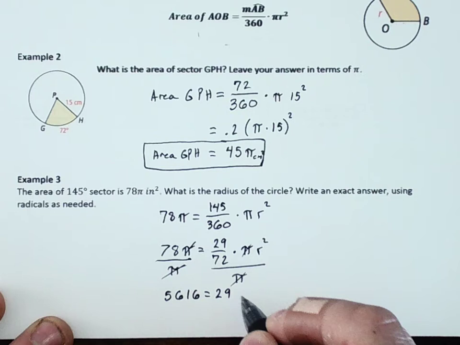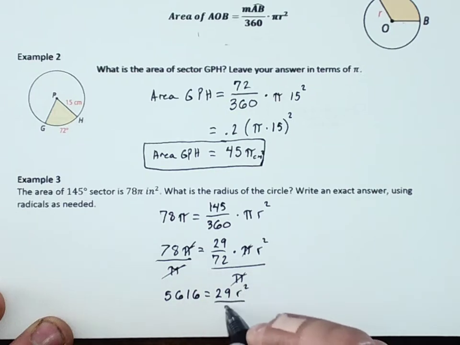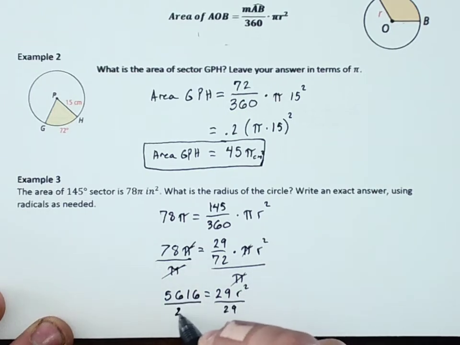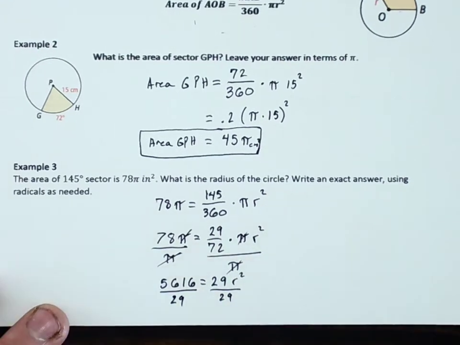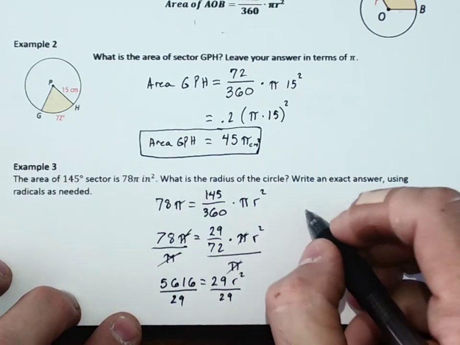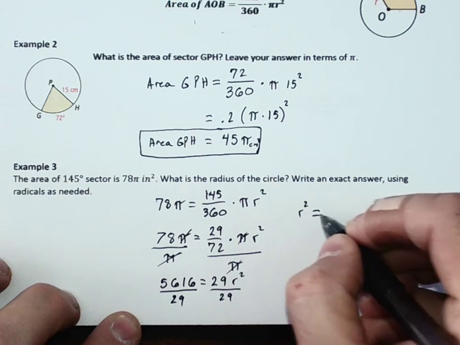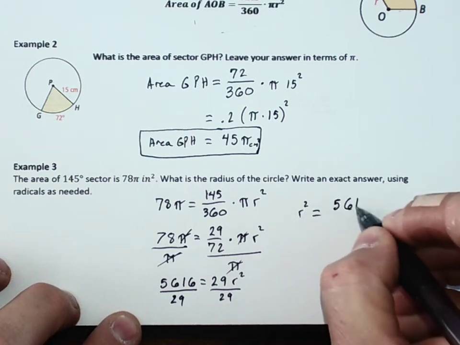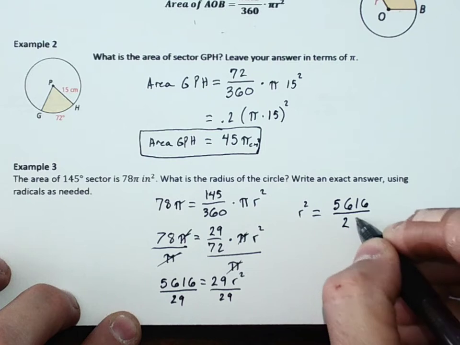So 5,616 equals 29 r squared. And now I'm going to divide by 29. And 5,616 divided by 29, made into a fraction, doesn't reduce. That is what it is. So then you have r squared equals 5,616 divided by 29.